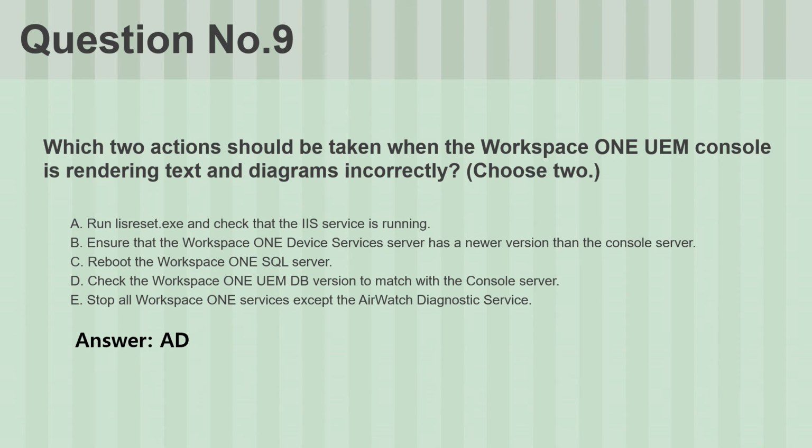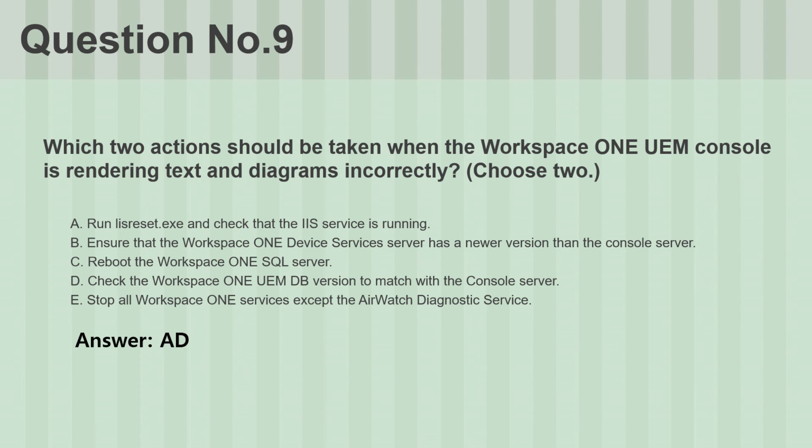Question number 9. Which 2 actions should be taken when the Workspace 1 UEM console is rendering text and diagrams incorrectly? Choose 2. A. Run lizreset.x and check that the IIS service is running. B. Ensure that the Workspace 1 device services server has a newer version than the console server.